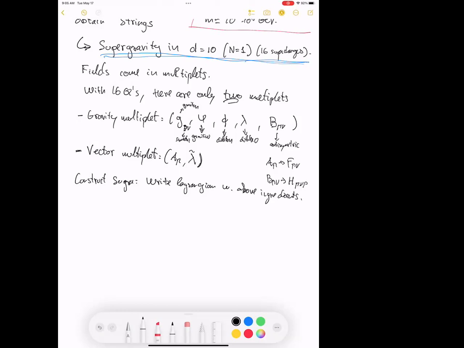Well, this is like a recipe for cooking. You need to take this much of this, this much of that. So you can take one gravity multiplet because you want to have a theory of gravity, but you cannot take more than one because a theory with 2 or more gravitons is very difficult to make sense of quantum mechanically. So let's just take one gravity multiplet, and then let's take some vector multiplets. How many? Well, we don't know. Take n vector multiplets.